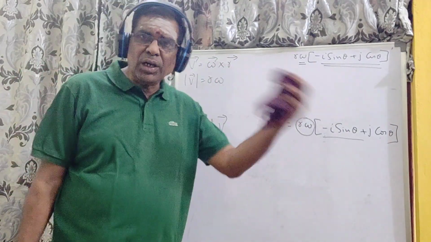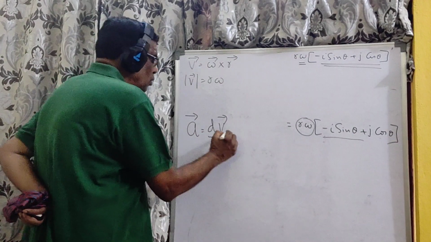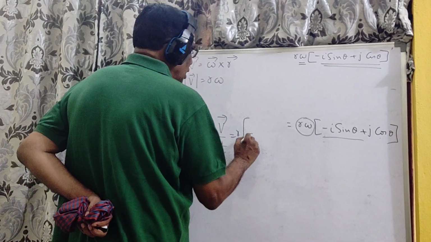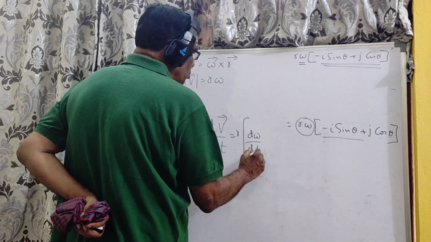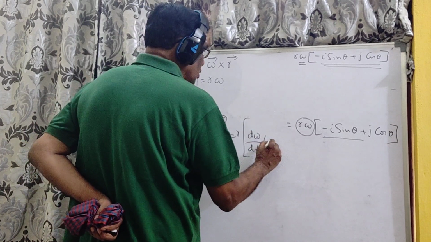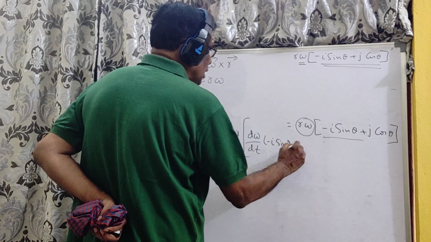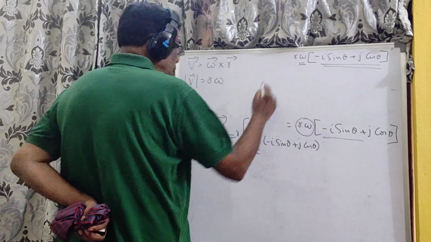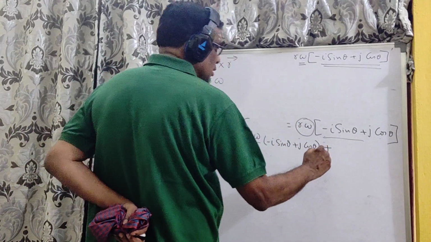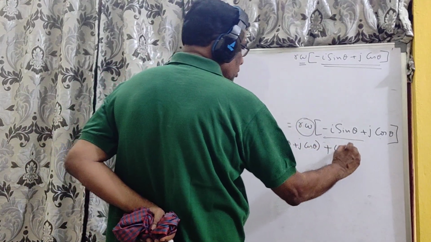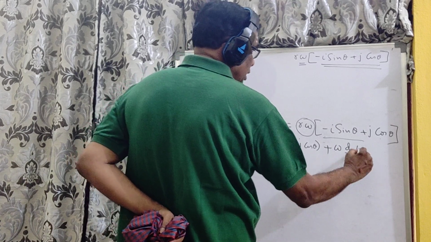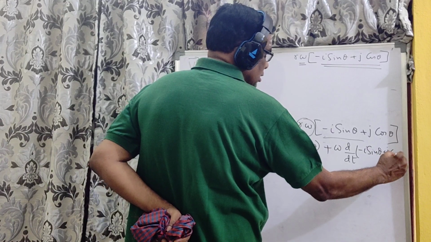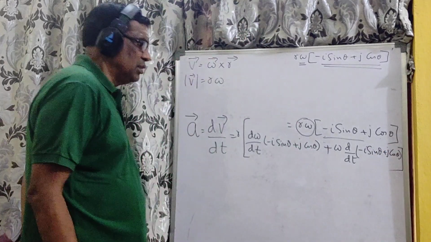Use the product formula. A is equal to d by dt of all this. So R is common. I will first write d omega by dt into minus I sin theta plus j cos theta, R common, plus omega into d by dt of minus I sin theta plus j cos theta.